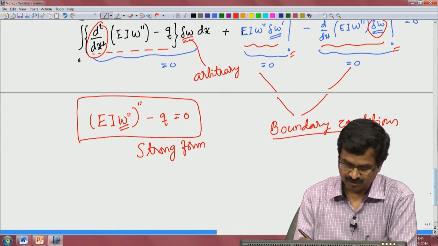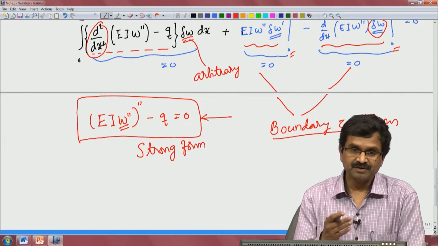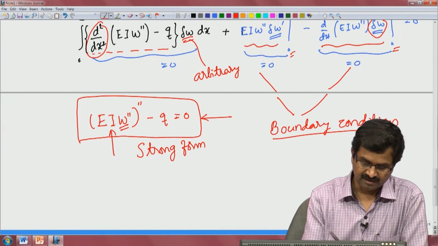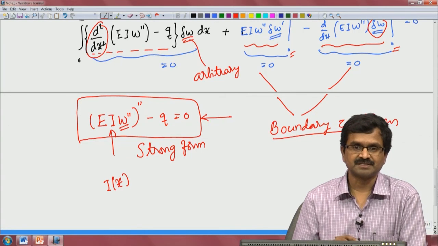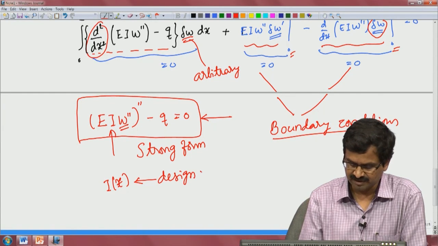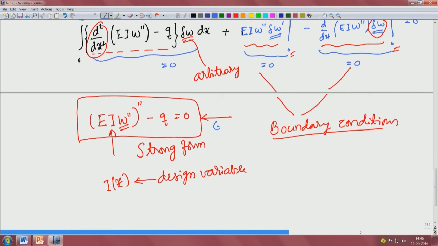And this equation is very important for us, because now when we want to design a beam, we make w of x a state variable and look at I, the cross section as a function of x, as what we design, that becomes the design variable, and this equation becomes the governing equation for the state variable, which is w of x. w of x cannot be anything, it has to obey this equation, because that is what controls the statics.